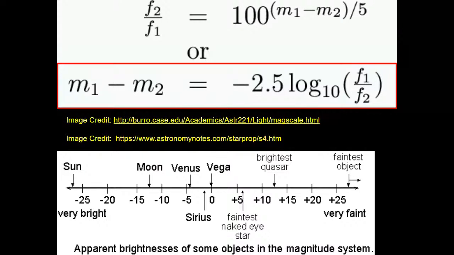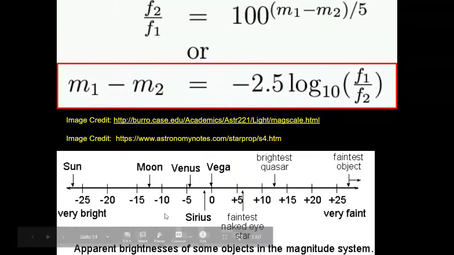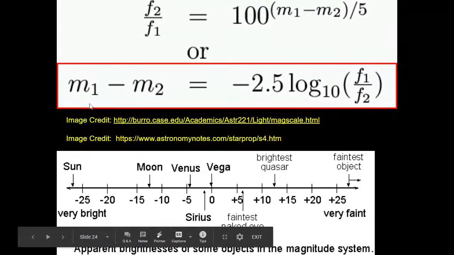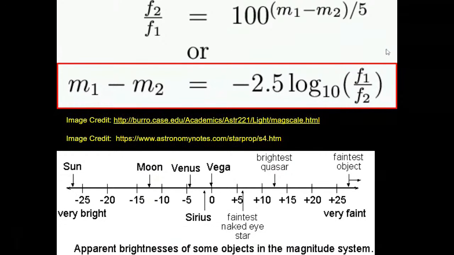Let us become more specific in describing this idea of magnitude in astronomy. So please pay attention. Supposing I have two stars and I'm using my telescope to measure the flux, star 1 and star 2.